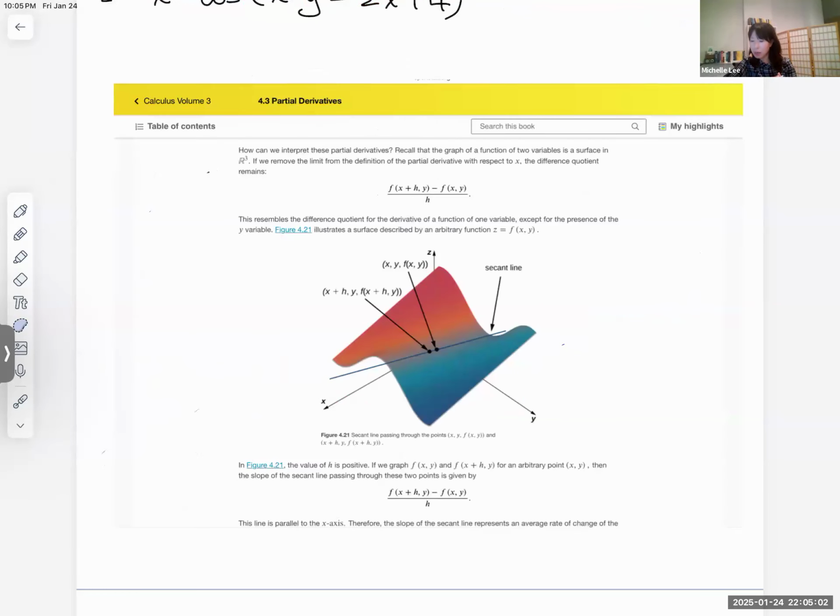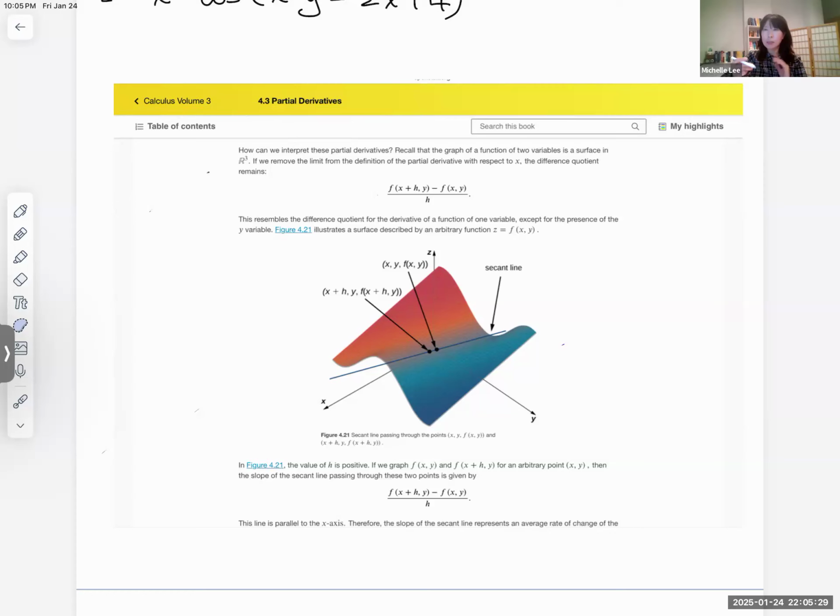Okay, so I brought a picture from the textbook here. This is what I explained to you earlier about the slope of a tangent line with the partial derivative, right? But they indicate the secant line, right? How will we get the secant line from the 2 points?